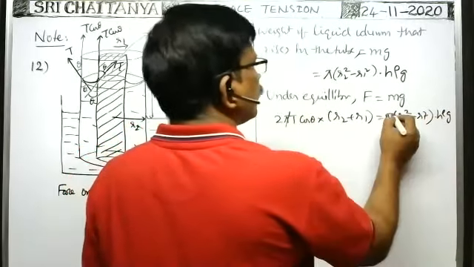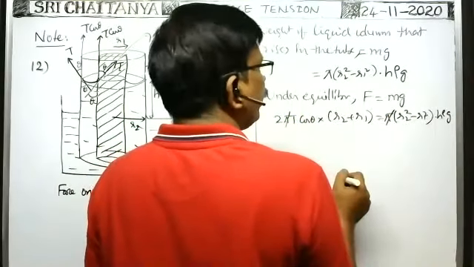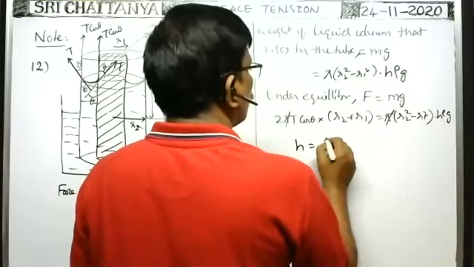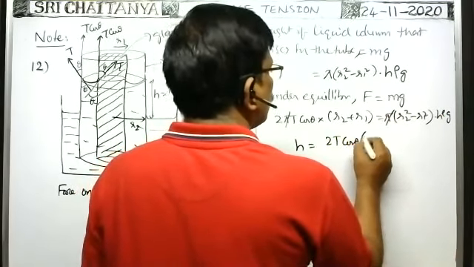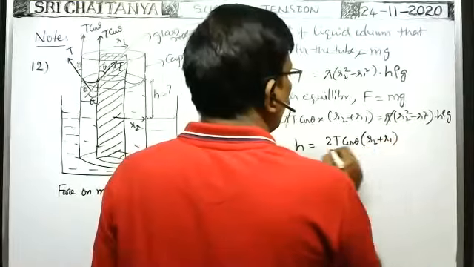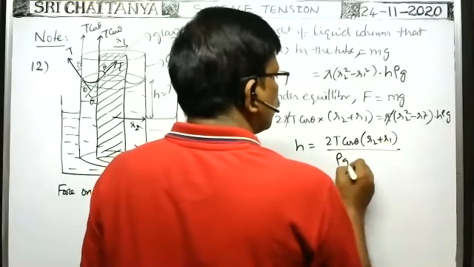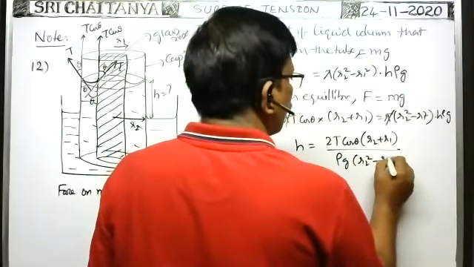Here pi cancels. We need h, so the capillary rise h is equal to 2T cos theta into R2 plus R1, whole divided by rho g into R2 square minus R1 square.